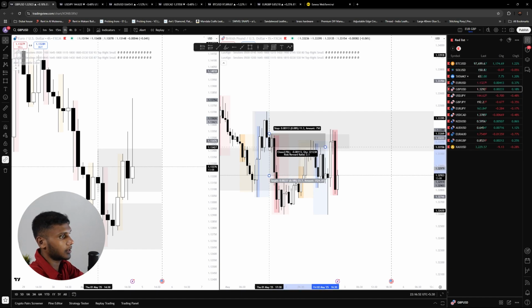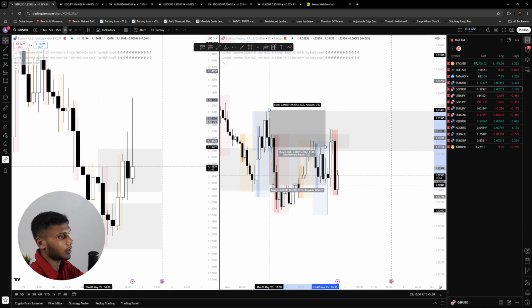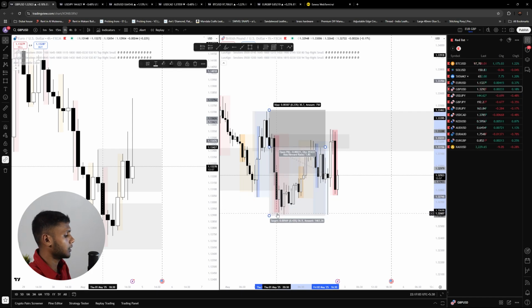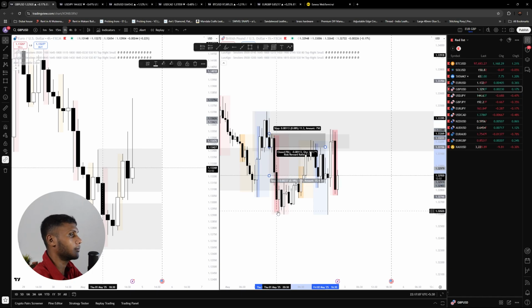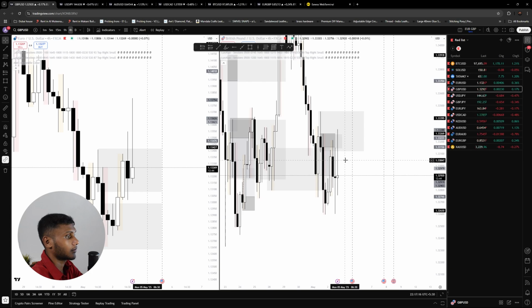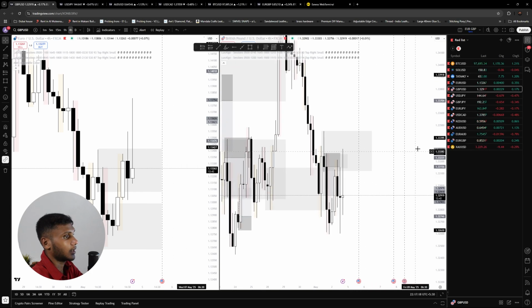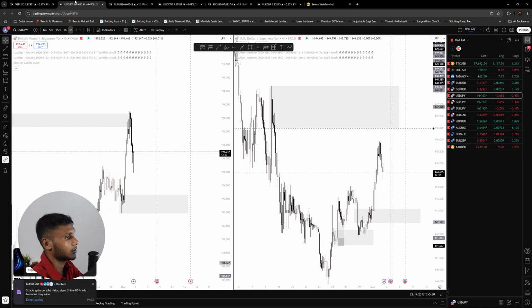If we placed it here, then we would have just broken even, I guess. Yeah, we would have broken even. Mostly this is too big, so I would have placed it here and taken the trade. No other trading opportunity was there, so let's go to the next.